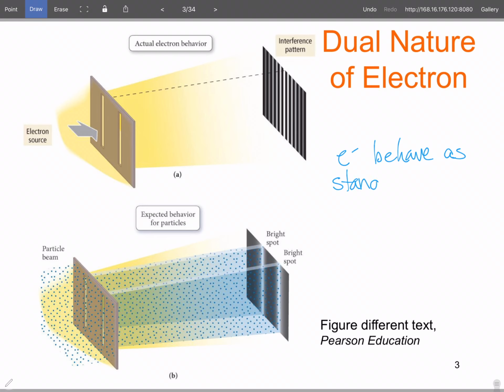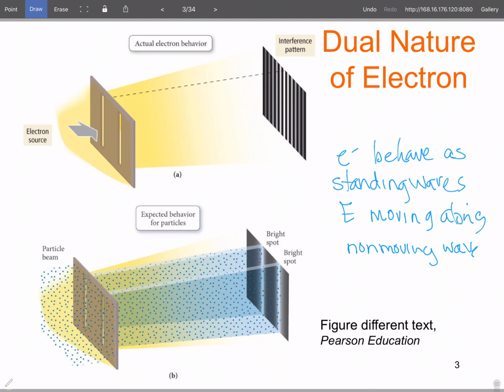And because they are standing waves, the energy is moving along the wave nature, okay? And the energy is traveling along a non-moving wave, not the particle. So the point being is if you look at particles, that's down here.